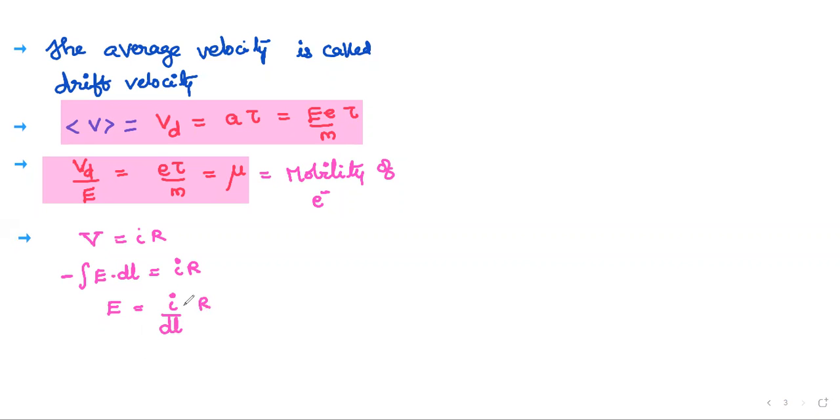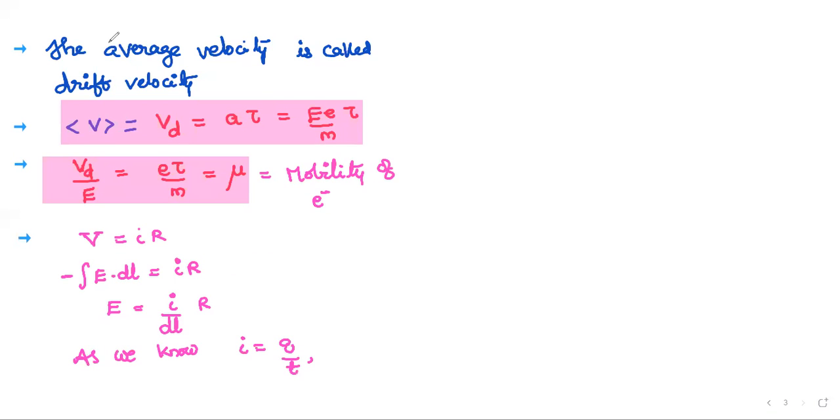Now let us check the current. As we know, I is equal to Q by t.